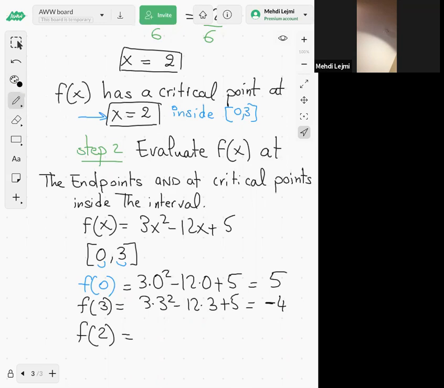So what will be f of 2? That's 3 times 2 squared minus 12 times 2 plus 5. So 4 times 3 is 12, 12 minus 24 is negative 12, and negative 12 plus 5 is negative 7.